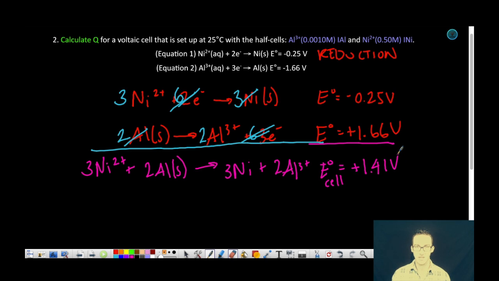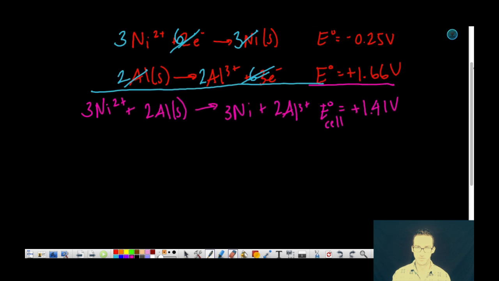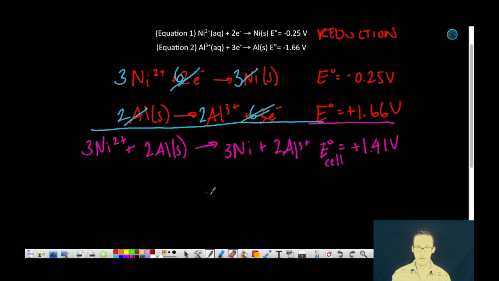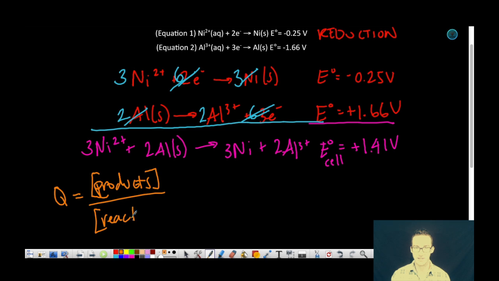Okay, so now to calculate Q, our reaction quotient for this reaction, again, it's products, with brackets to emphasize it's concentration, over reactants. The reason why we had to do this is because we need to make sure we had a balanced equation here.